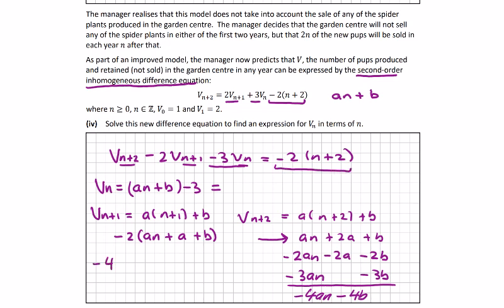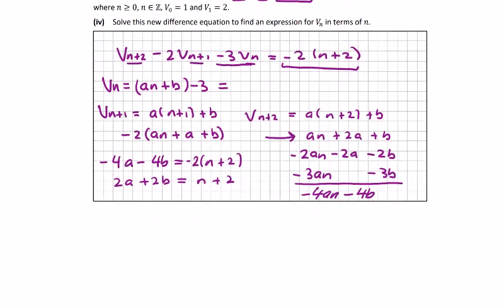So minus 4an minus 4b equals minus 2 times n plus 2. Divided by minus 2, we get 2an plus 2b is equal to n plus 2. So we simplified the left into the form an plus b. Here we can see 2a is equal to 1.